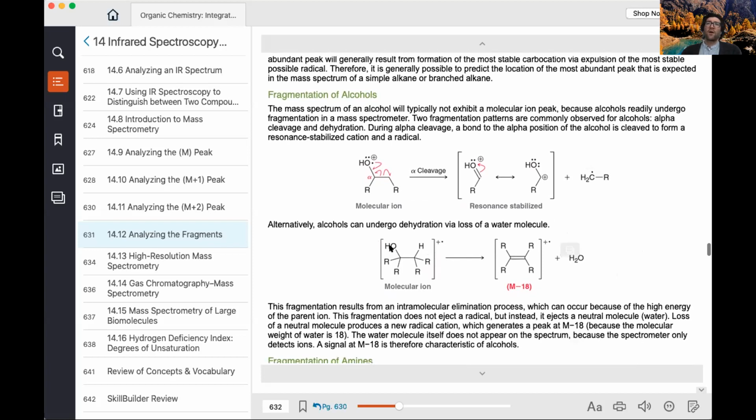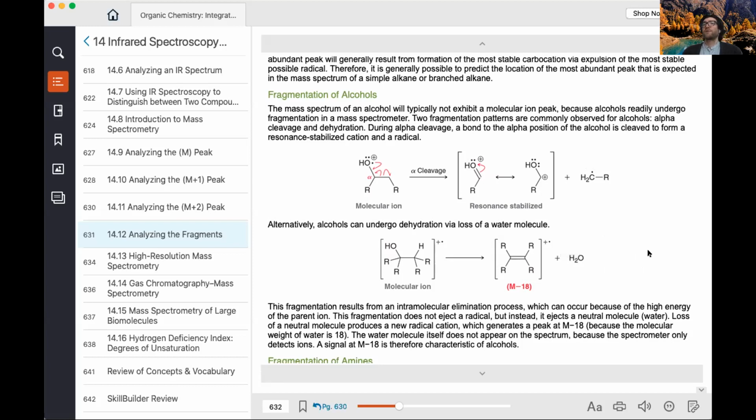Also, the alcohol can undergo dehydration, just like we saw from our alkenes chapter. And this will be loss of a water molecule. So since it's loss of a water, it will typically be the parent ion minus 18, because water weighs 18 mass units. Of these two, the easiest one to spot is definitely the dehydration product.